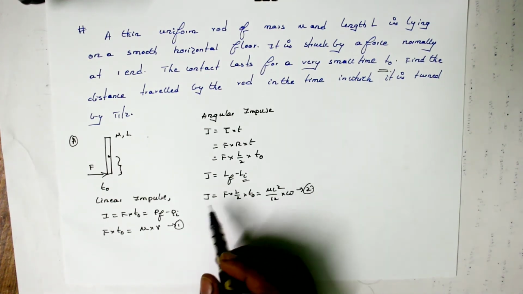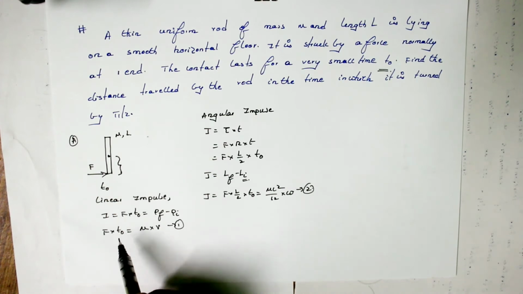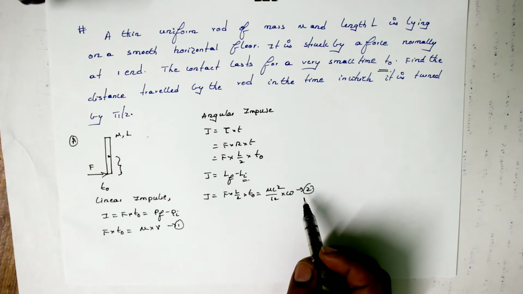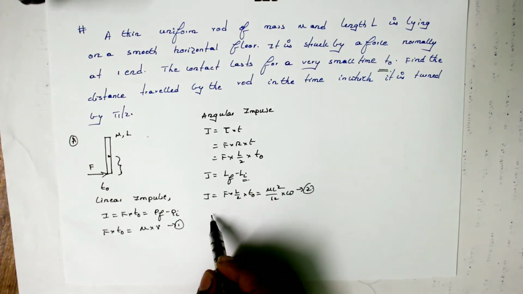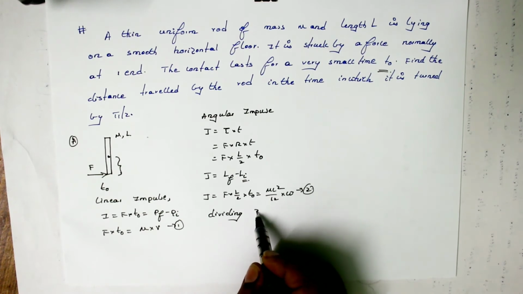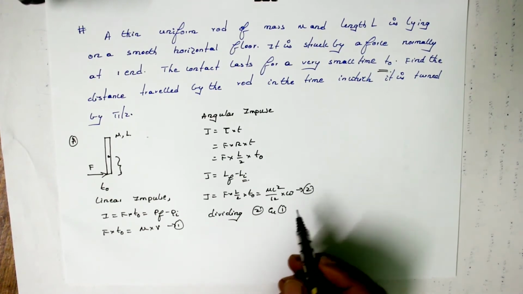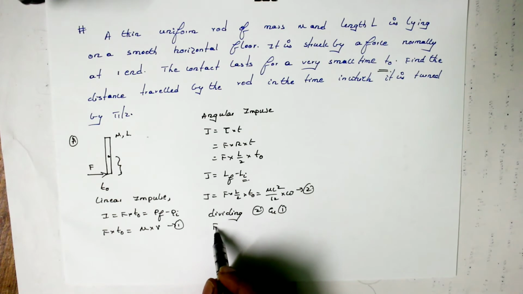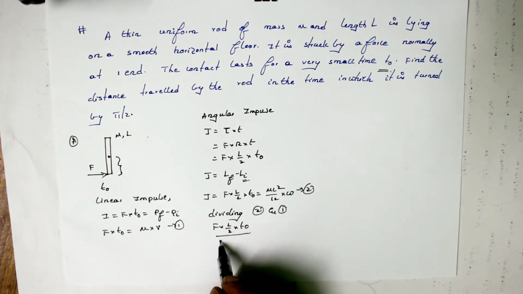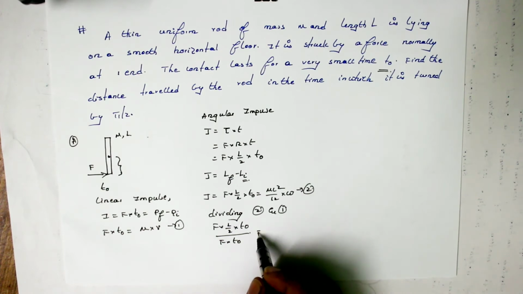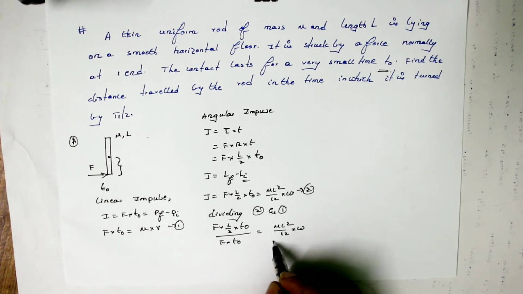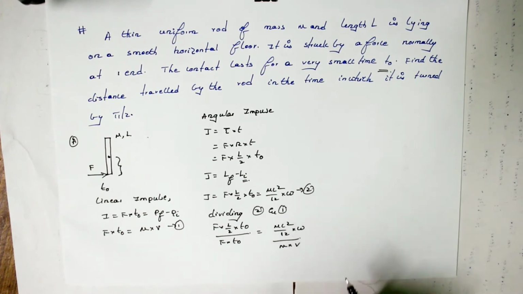If I divide these two equations, then force and this t naught get cancelled, and I will get the equation for omega. By dividing equation 2 by 1, I get F into L by 2 into t naught divided by F into t naught is equal to mL square by 12 into omega divided by m into v.